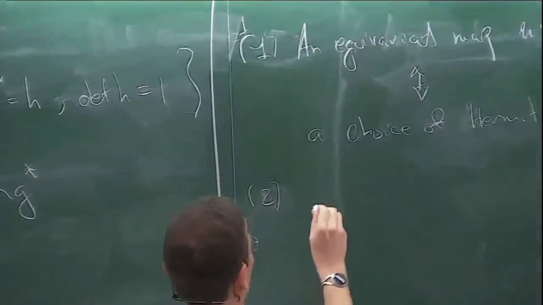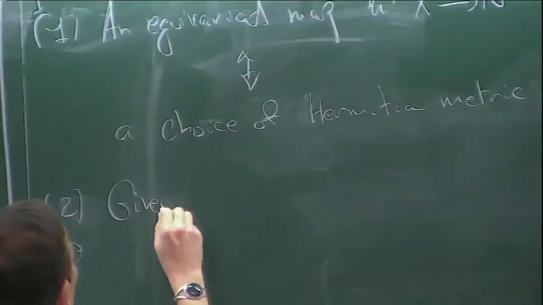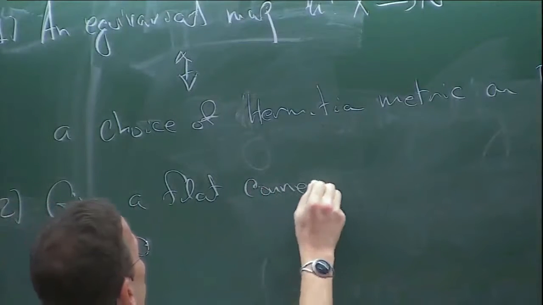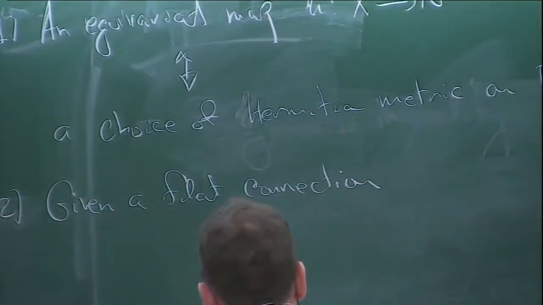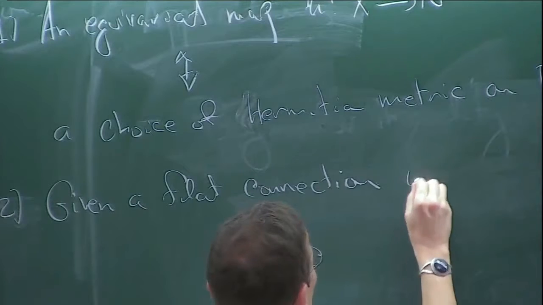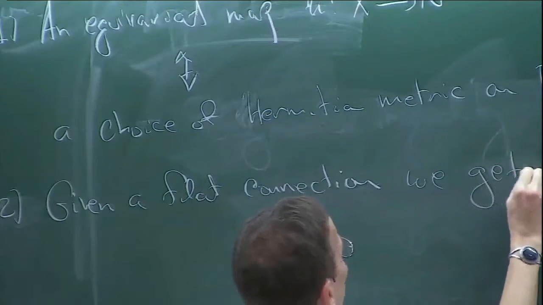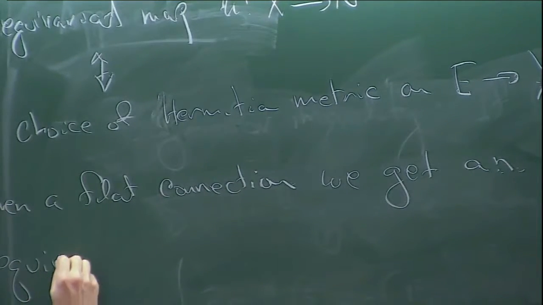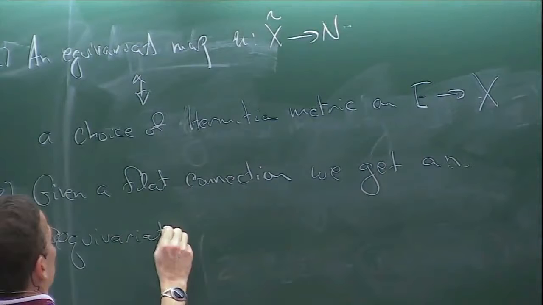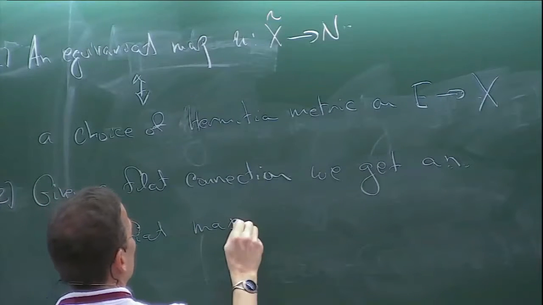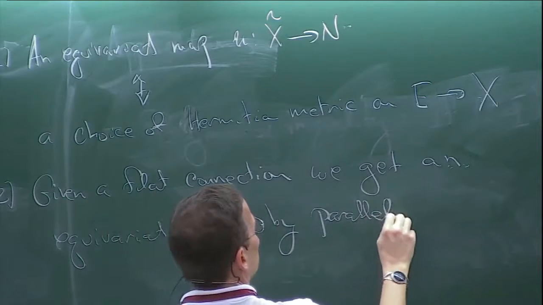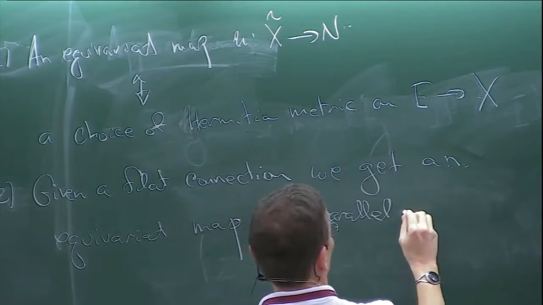Moreover, if I have a flat connection, we get an equivariant map by parallel translation. So this really only depends on one thing, namely a choice of the base point.